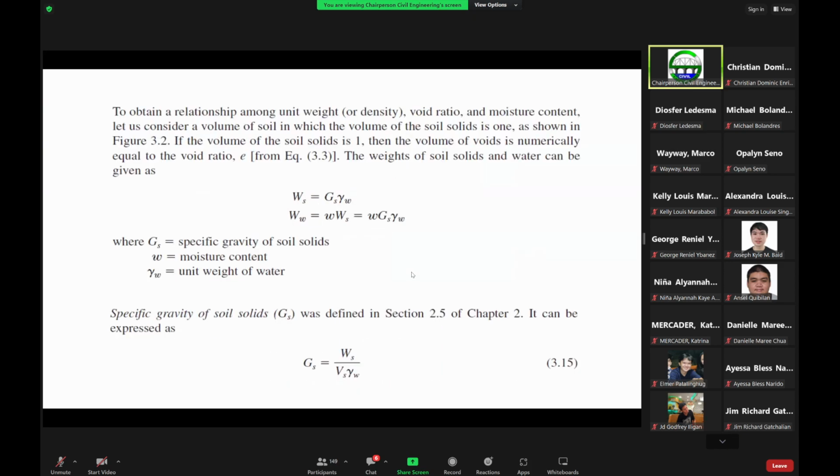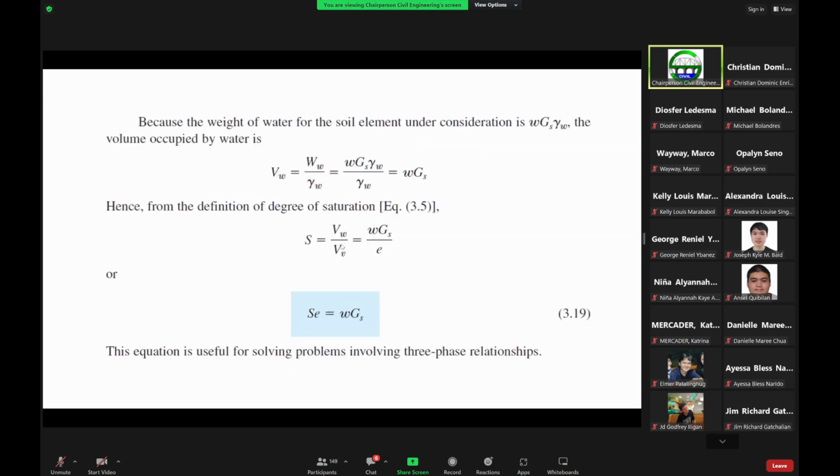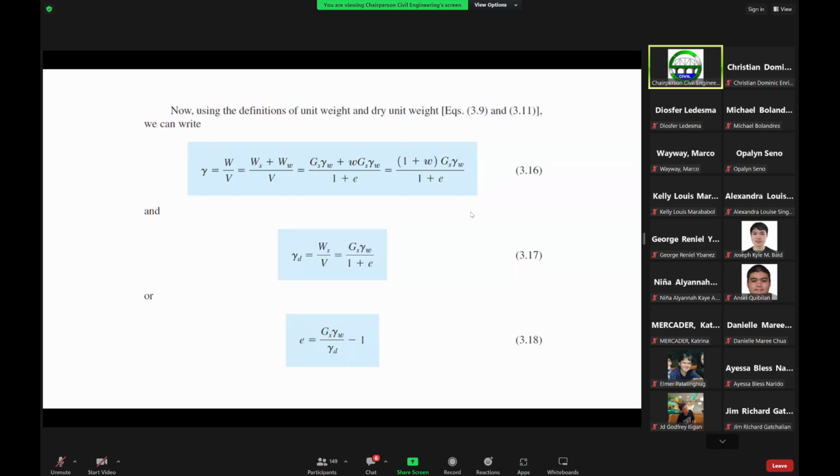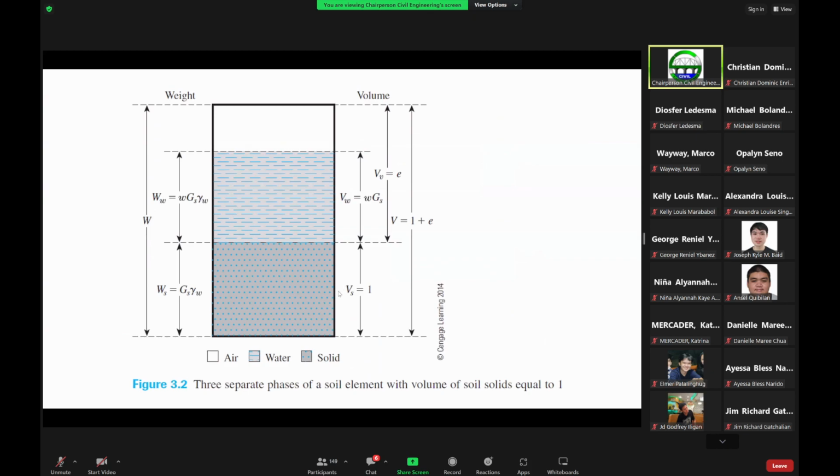So the degree of saturation now is equal to the water content times the specific gravity of the soil solids over the volume of voids, but the volume of voids can just be equal to the void ratio, assuming that the volume of solids is equal to 1.